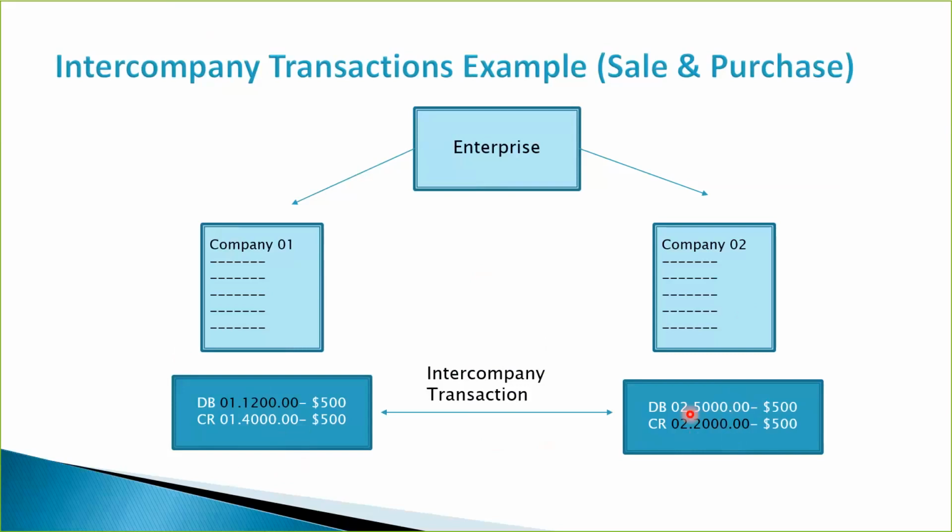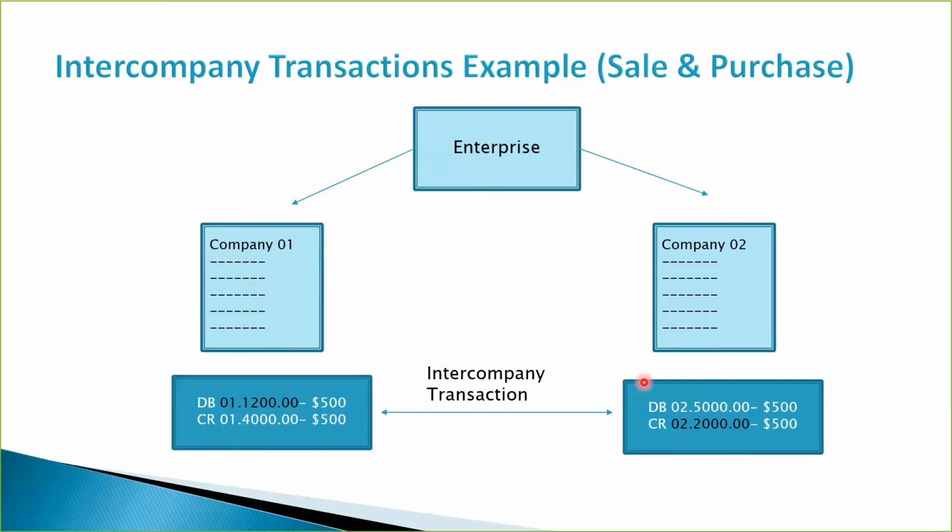So in this kind of transaction, what happens? Company 1 sells a good or a service to company 2. So company 1 will generate some revenue, all right? And then since this is not a cash transaction, we debit the receivables, all right? So company 2 owes company 1 some money.